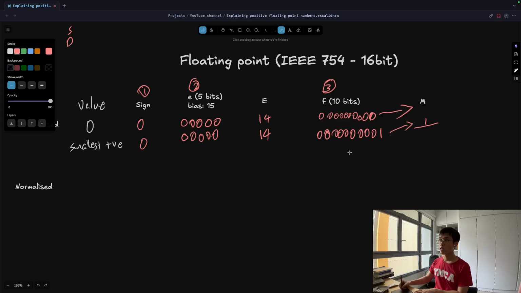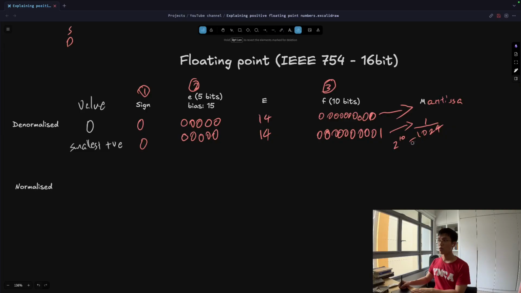So we do 2 to the power of 10, which is equal to 1024. So the fraction value here is converted into what is called the mantissa. I'm not sure if I'm spelling it correctly. Which in this case, the smallest positive value is 1 over 1024.